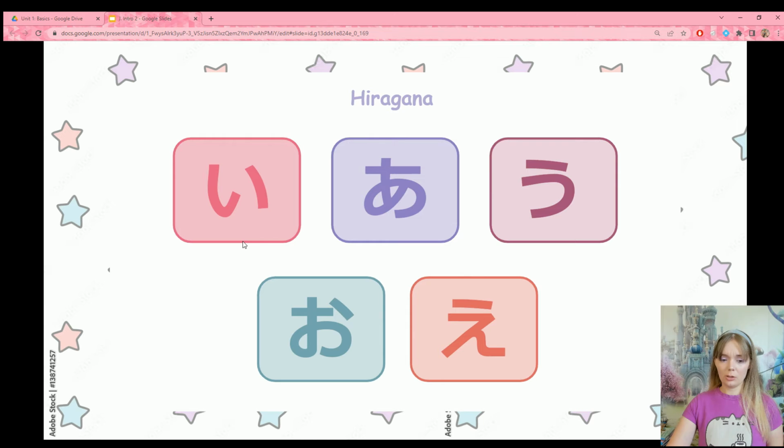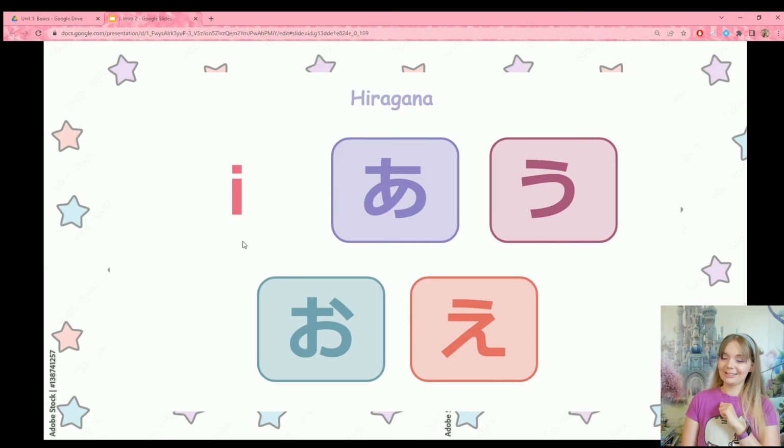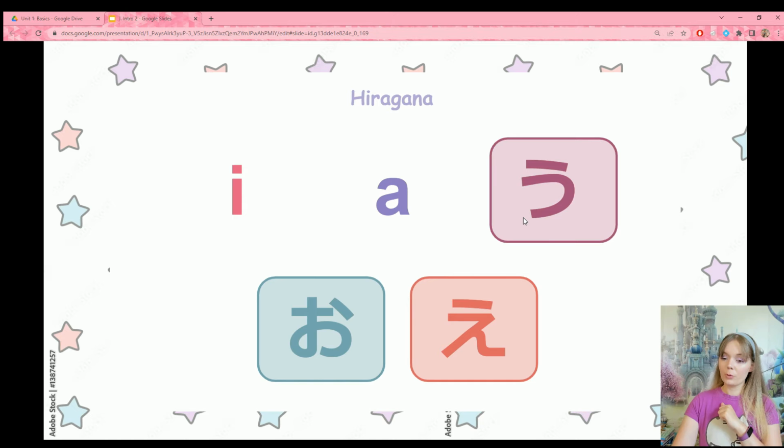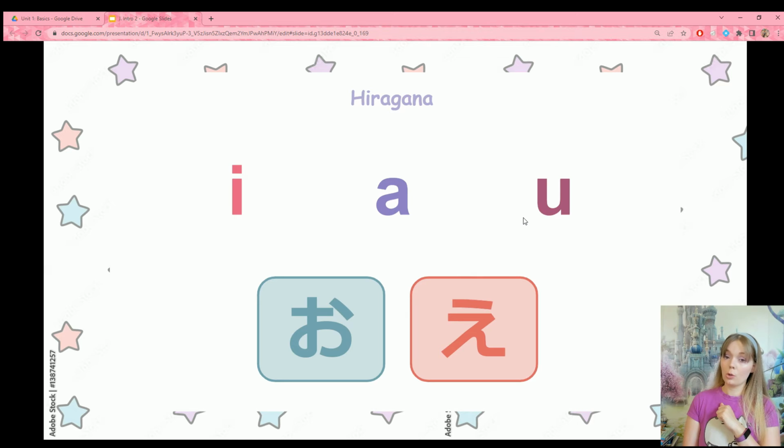Starting with this pink one here. What is that? E. How about this purple one here? A. Ready? U. How about this one?